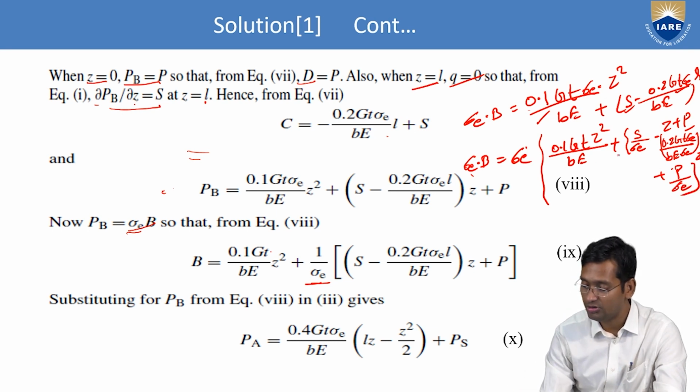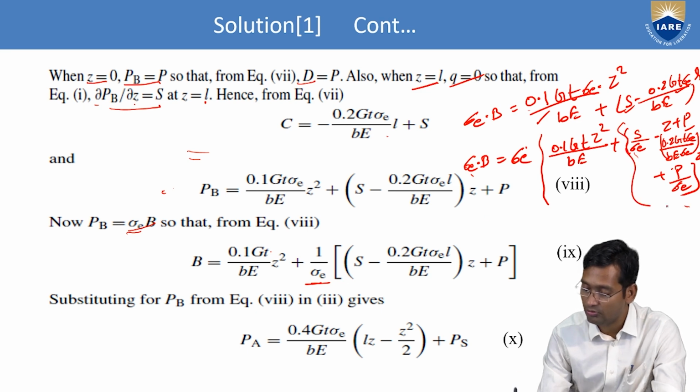Now just see, in the denominator all three terms have 1 by sigma E in this case. So take 1 by sigma E common from this side, and sigma E cancels.